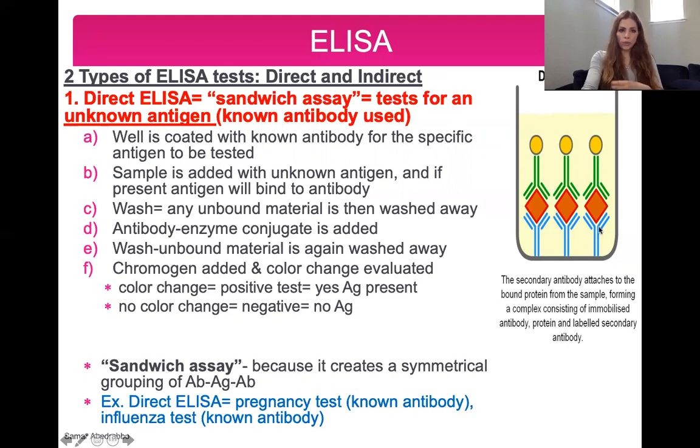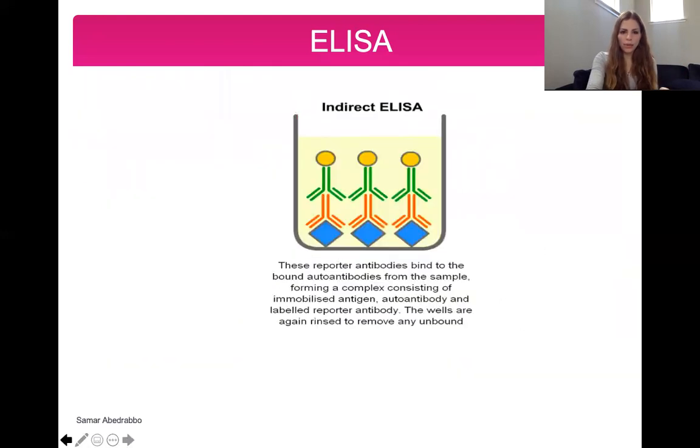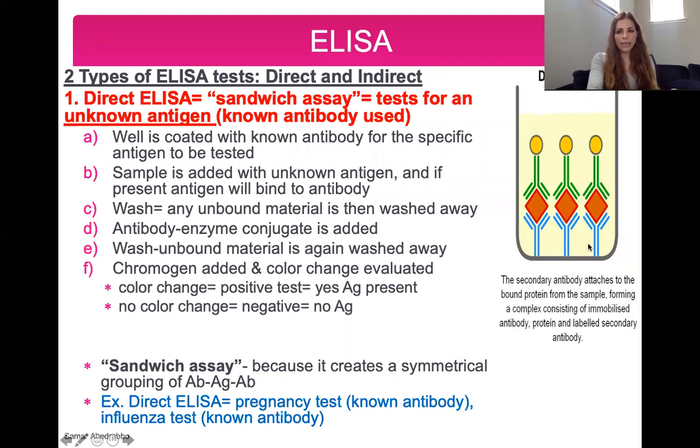So what you do is imagine your plate that I said has 96 little wells. If we look at one little plastic well, it has a known antibody stuck to the plastic. And what you do is you add the sample. Let's say you're trying to figure out if someone has an unknown antigen.